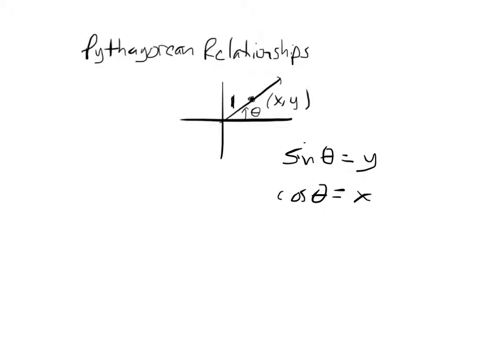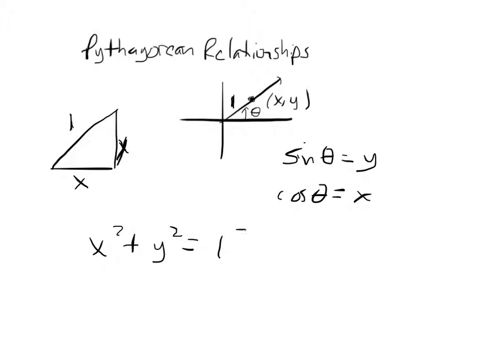And if we zoom in here on our figure, and we look at that x and that y and that 1, we've got a right triangle, and obviously x squared plus y squared equals 1 squared.